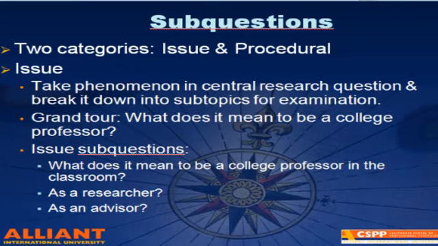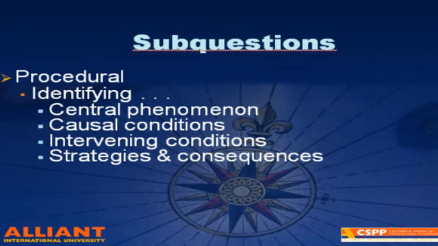So if your grand tour question is, what does it mean to be a college professor? Your issue sub-questions are, what does it mean to be a college professor in the classroom, as a researcher, as an advisor? And then the procedural is you're identifying different components of it, like the central phenomenon, the causal conditions, interviewing questions, strategies, and consequences.